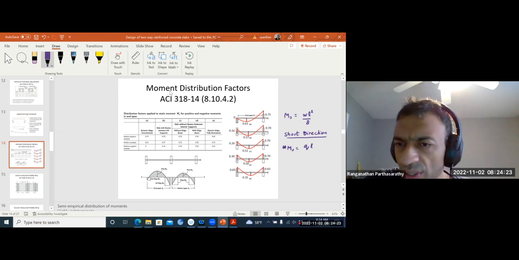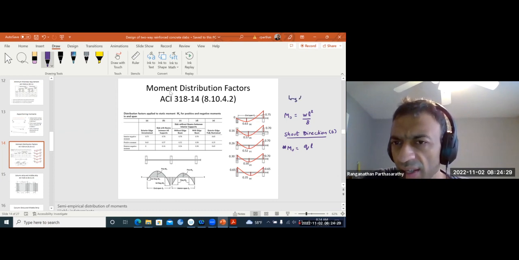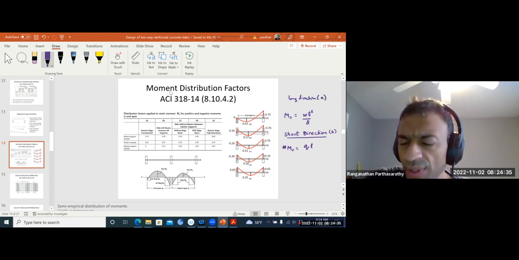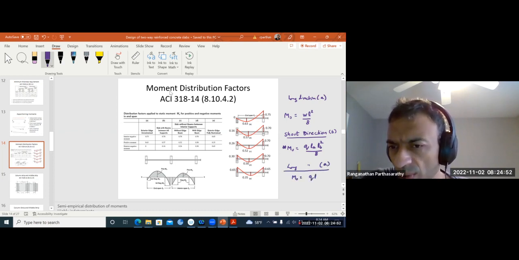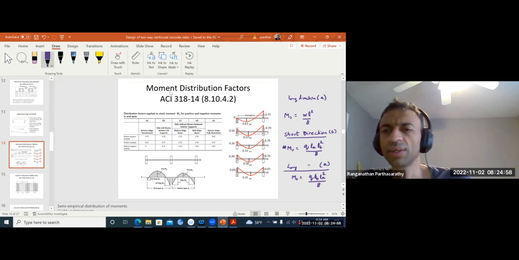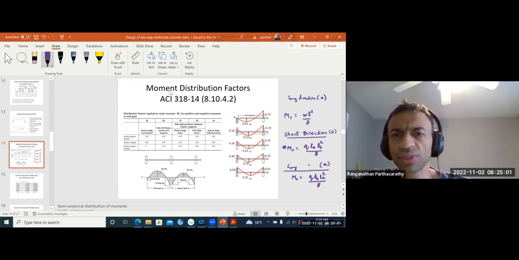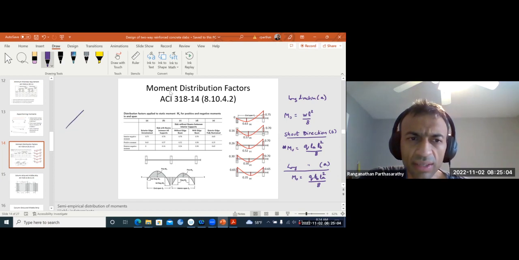We used short direction, let's take B. Long direction, let's take A. So if you're doing bending in short direction, you will do Q LA LB square by 8. And if you were doing the long direction, then your M naught will be Q LB LA square by 8.